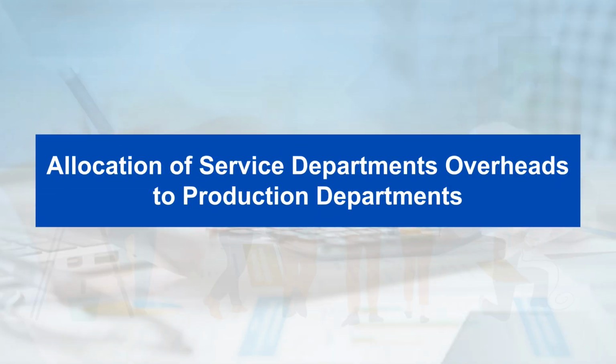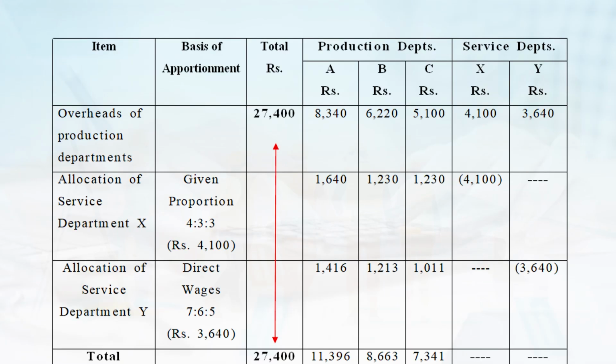Now let us see allocation of this service department's overheads to production departments. For allocation of service department overhead to production department also, we need to prepare 5-column table.